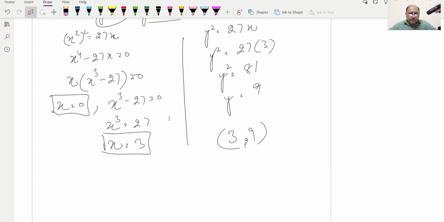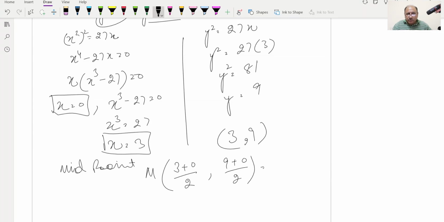To find the midpoint of 0 0 and 3 9, we take M, which will be 3 plus 0 by 2 and 9 plus 0 by 2. This implies M will have coordinates 1.5 and 4.5.